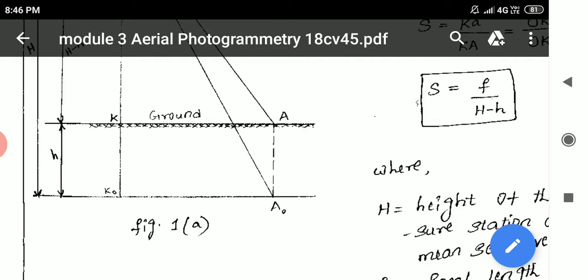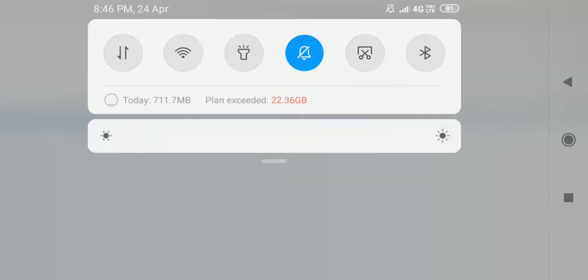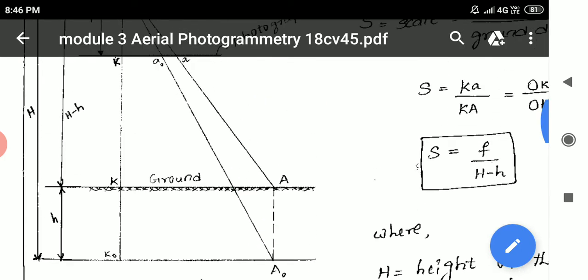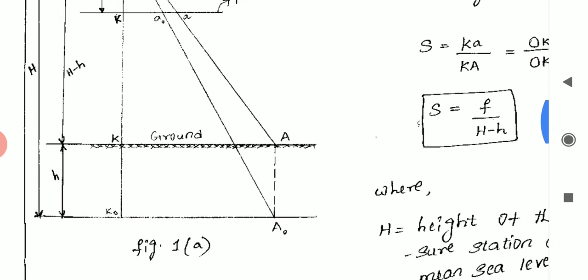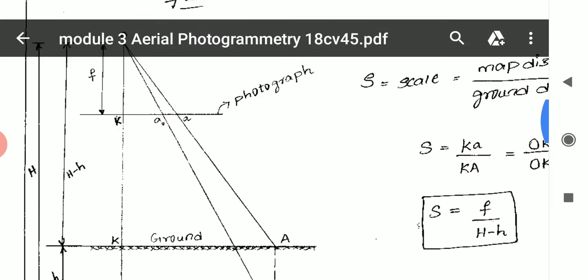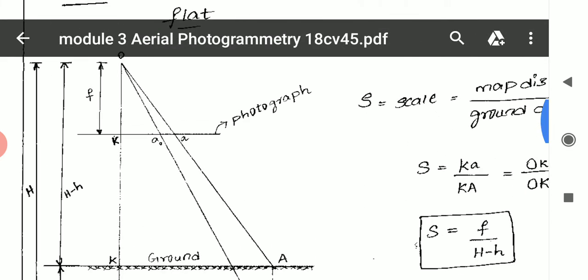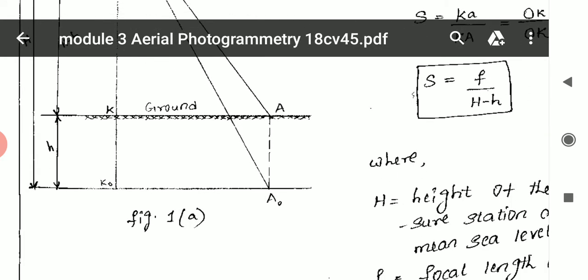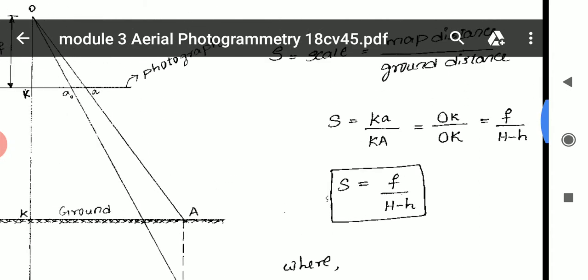These points are displaced on a vertical photograph and are represented by the points small a and small a naught on the photograph.